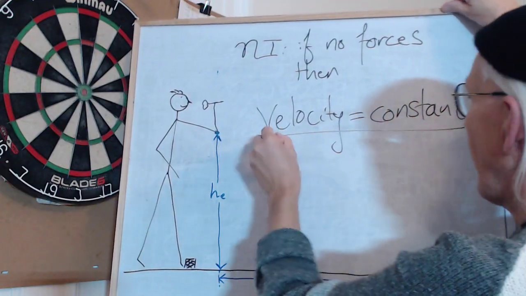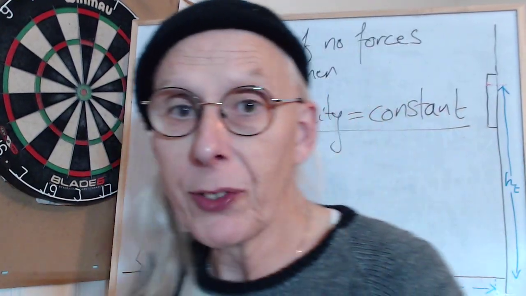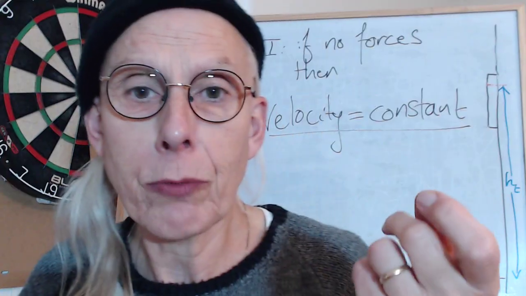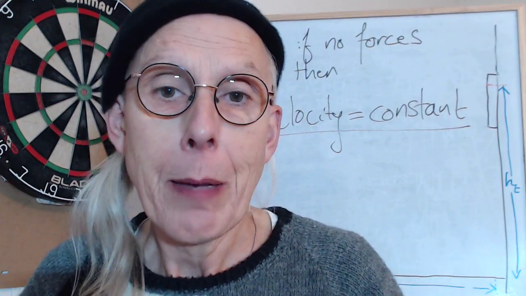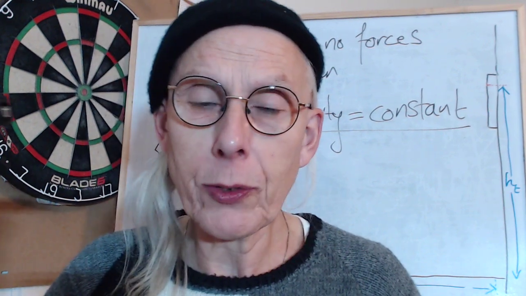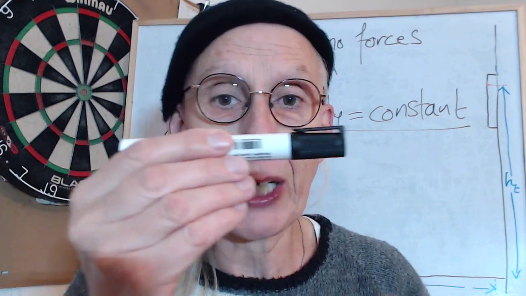And if the velocity happens to be zero, if an object is at rest, it means it will continue at rest if there are no forces acting on it. But if it's moving with a constant velocity and there are no forces acting on it, it will continue moving at a constant velocity.